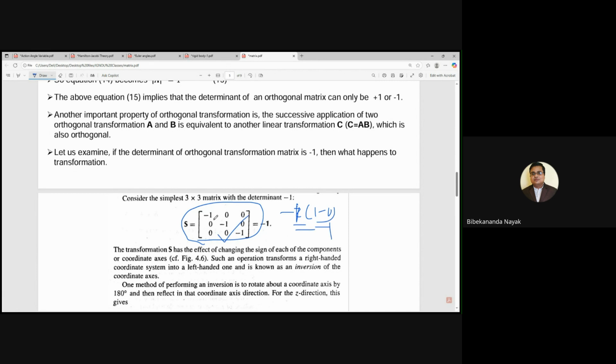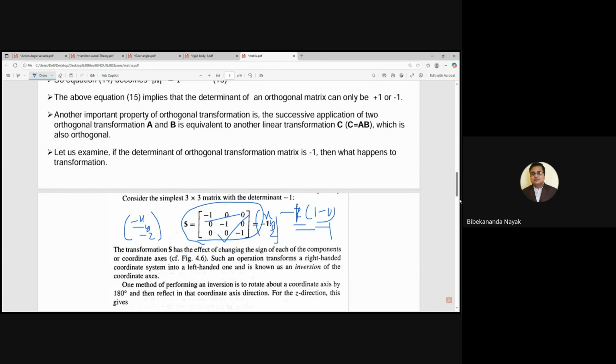Suppose it is multiplied with x, y, z. What do you get? You get minus x, minus y, minus z. Isn't it? If we multiply this with x, y, z, we get minus 1 x, minus 1 y, minus 1 z. This type of transformation is known as spatial inversion.